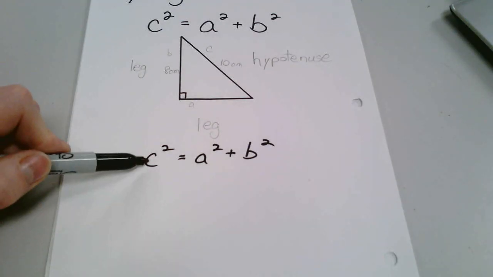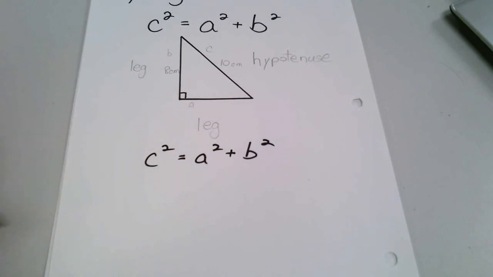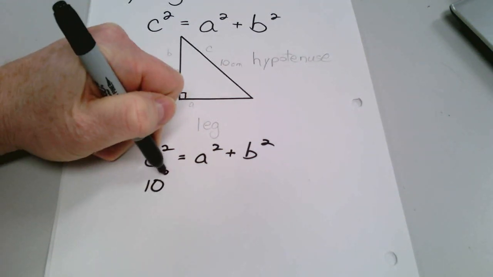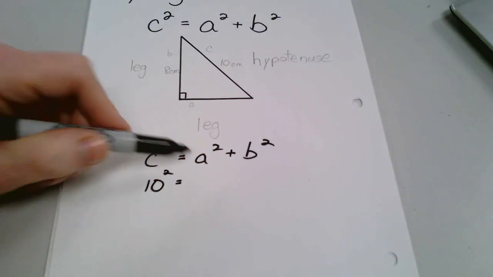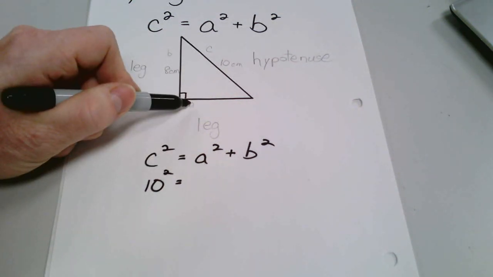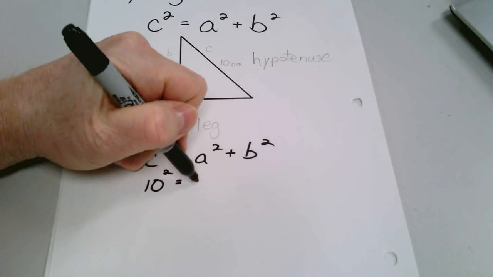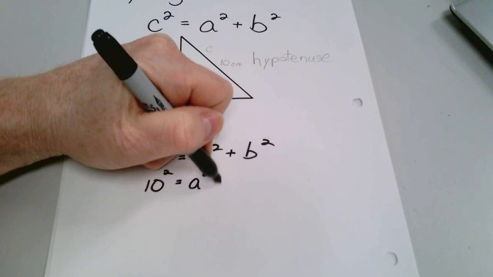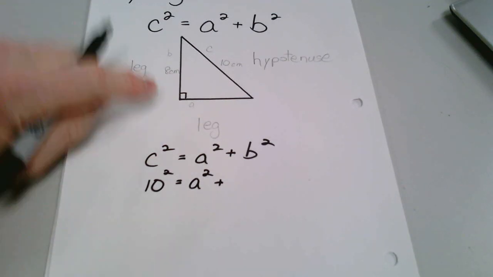Well, our c is 10, the hypotenuse, so we will put a 10 underneath the c, and we know that's squared. The a, we don't know what the a is, so we're just going to continue to write a, and it's squared. B, we do know what B is.